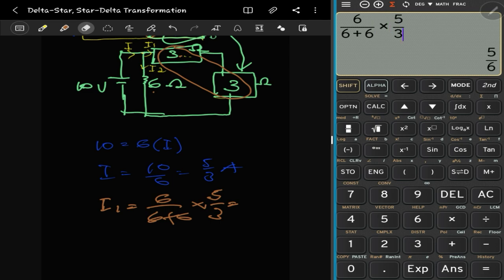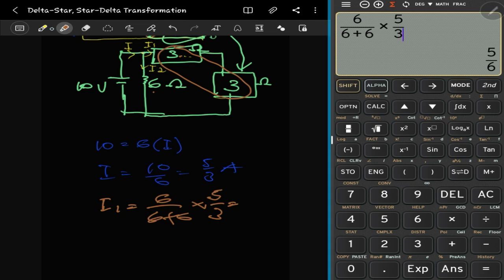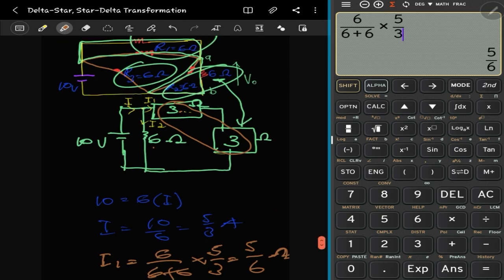As I was saying, this should be about half, so that's 5 on 6 ohms. Half because the resistor here is 6 ohms, this one's in series, so 6 ohms, so the current will split equally, right? So 5 on 6 ohms.